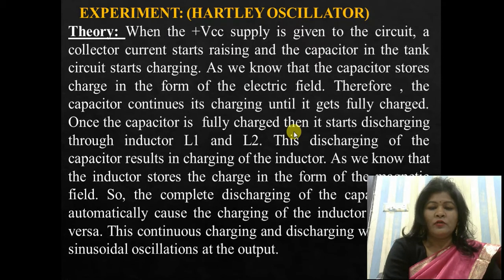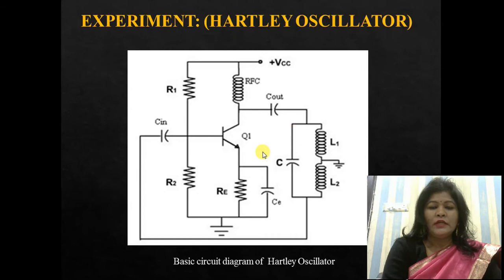In this circuit, this transistor provides the 180 degree phase shift, and this tank circuit also provides the 180 degree phase shift. So according to the Barkhausen criteria, the total phase shift is 360 degrees.